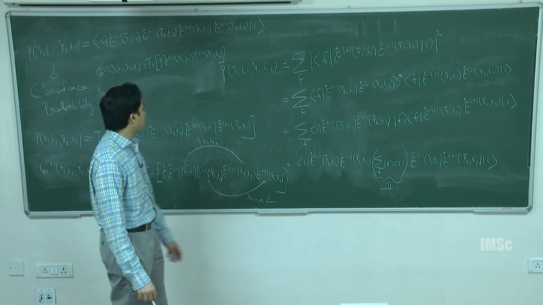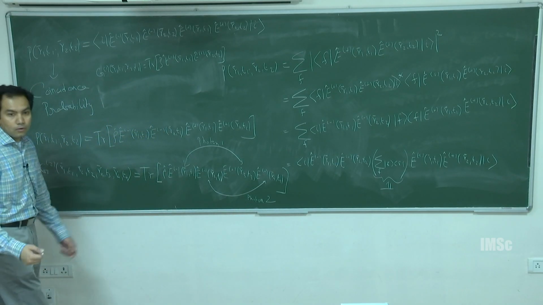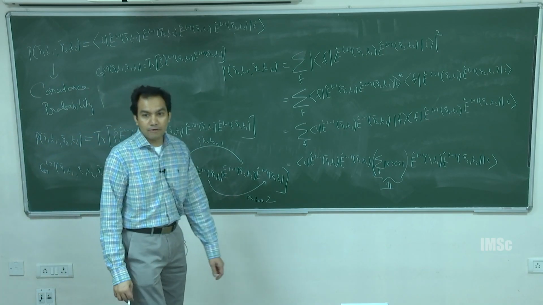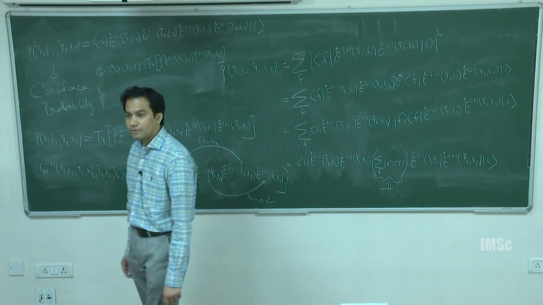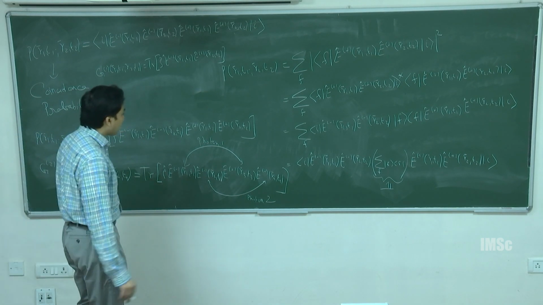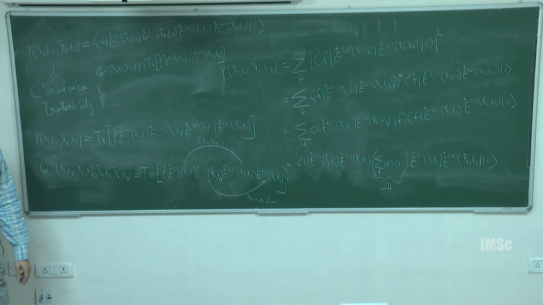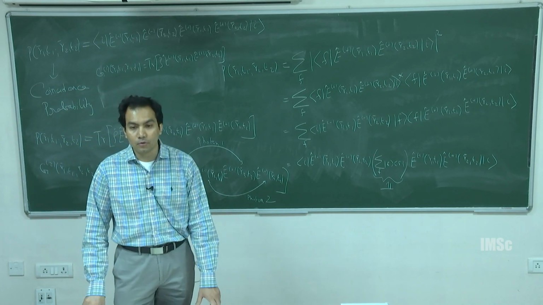Correct? So here we have two photons. So you have two quantized electric field operators to describe the two photons. So you're trying to calculate the correlation of the two photons at two pairs of space-time points, one for photon 1, the other for photon 2.